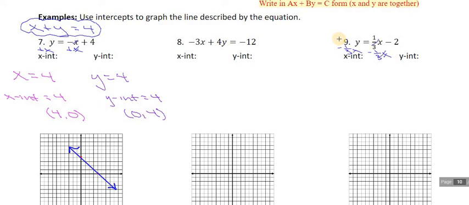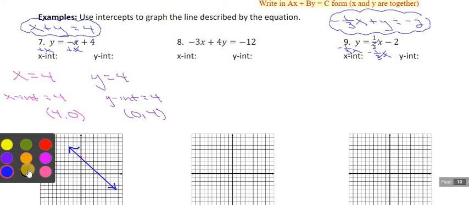And I like x's to be in front of the y's when I write an equation, so I'm going to write this as negative 1/3 x, and that's a positive y, so it'll say plus y equals negative 2. So that's the equation that I'm going to work with.